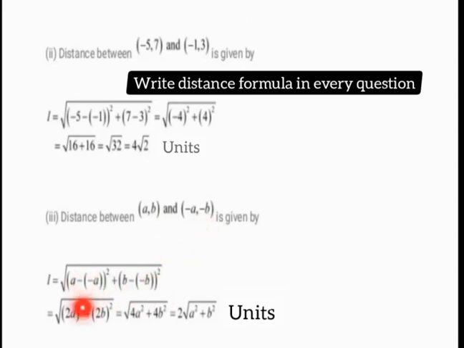Minus minus plus a is 2a, minus minus again plus b is 2b. (2a) square will be 4a square and it is 4b square. Take 4 common, you will get under root 4 times (a square plus b square), and square root of 4 is 2, so the answer will be 2 under root a square plus b square.